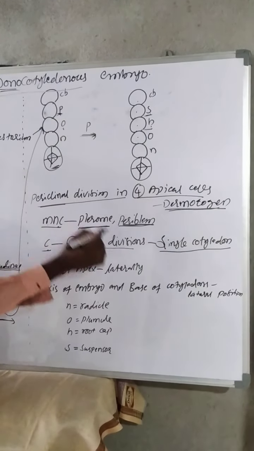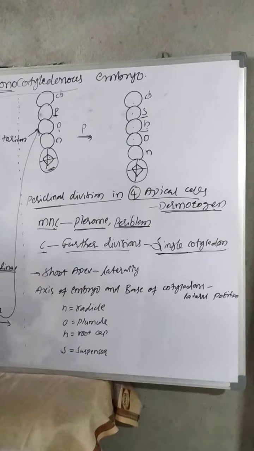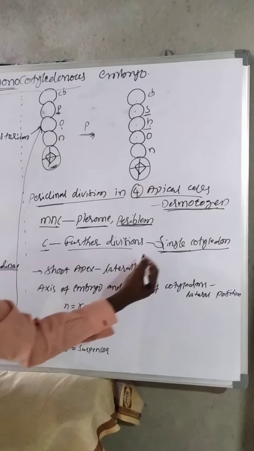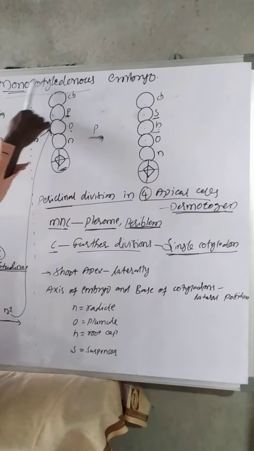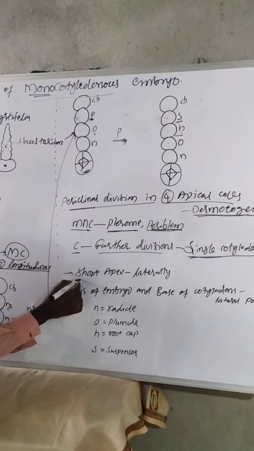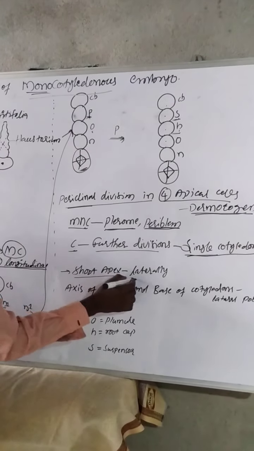Mono means a single cotyledon. In this monocotyledon embryo, the shoot apex forms laterally.